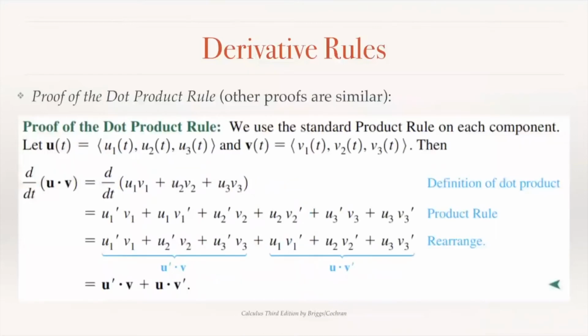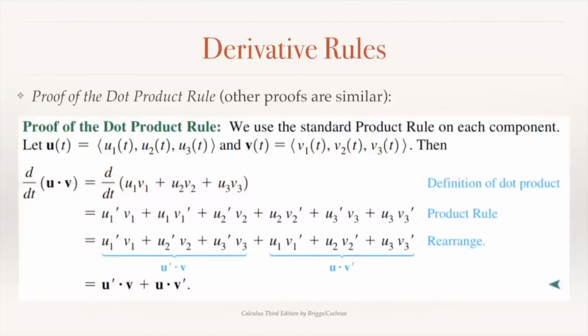For the sake of illustrating, I'll show the proof of the dot product rule, and other proofs are very similar. So d/dt of u dot v, well, if u has components u1, u2, u3, and v has components v1, v2, v3, then the dot product is just u1 times v1 plus u2 times v2 plus u3 times v3, denoted here.